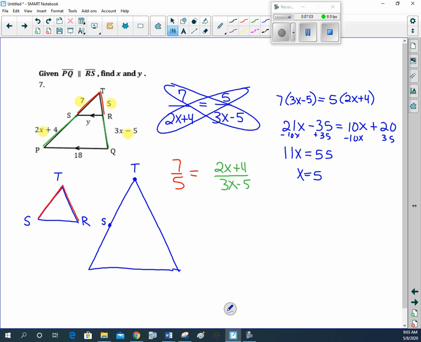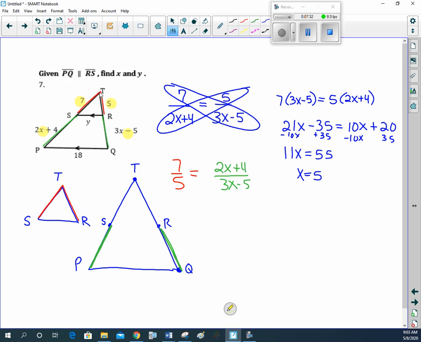This would be S. This would be P. Here would be R. And here would be Q. Okay, so in our picture, this piece right here is the green piece, and this is the green piece. Okay, we're supposed to find y.